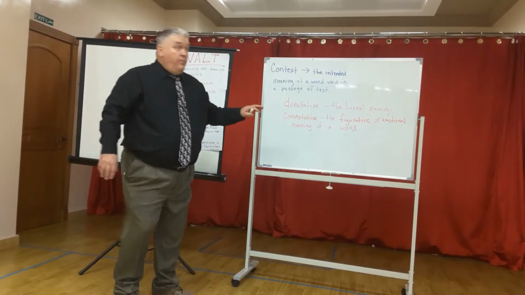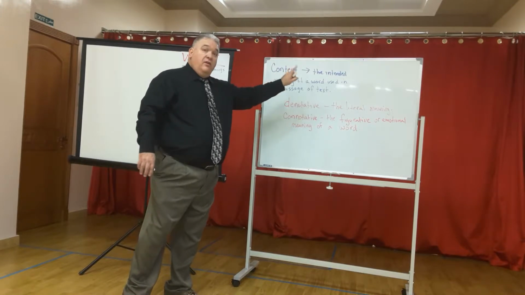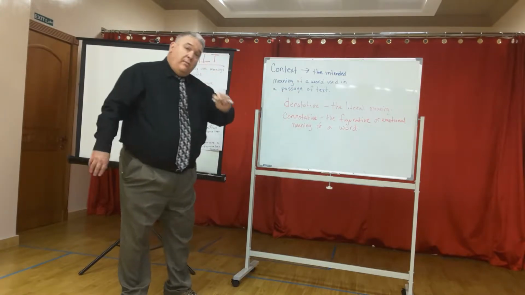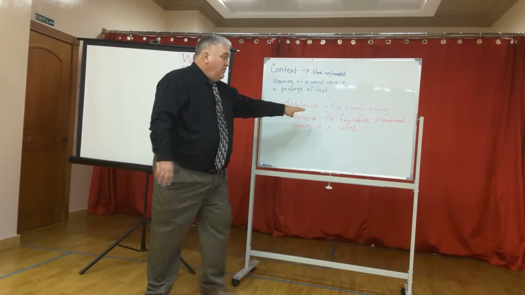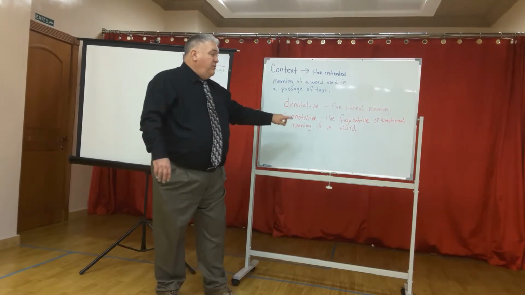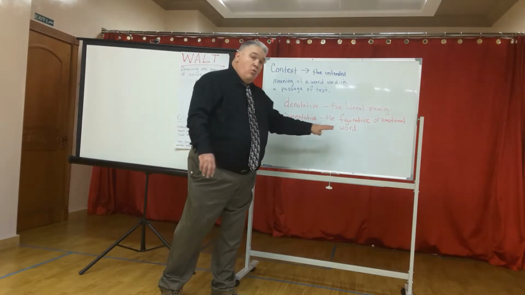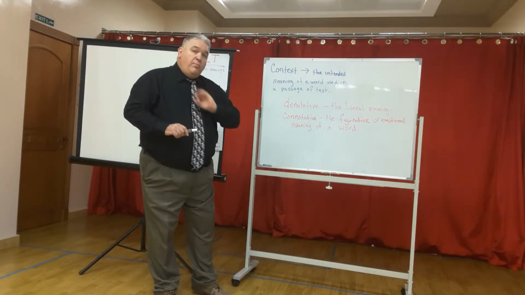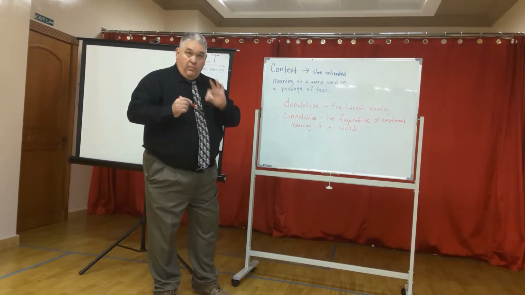Okay, so let's review. Context is the intended meaning of the word used in a piece or passage of text. All right? And we have two types. We have denotative, which is the literal meaning. We have connotative, which is the figurative or emotional meaning of a word. Okay? Let's review further. 3 purposes for writing, 3 purposes for reading.